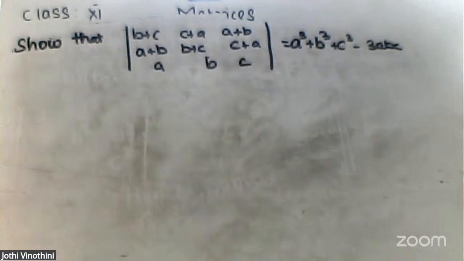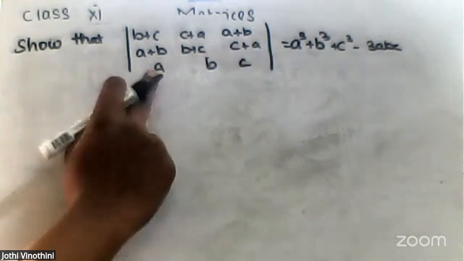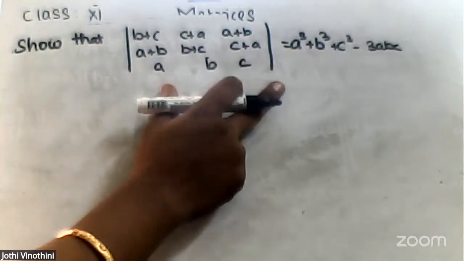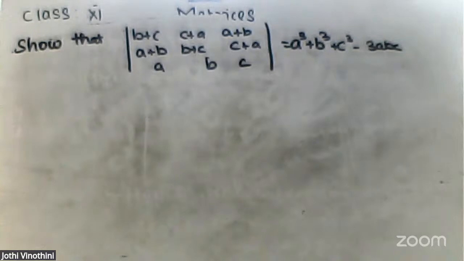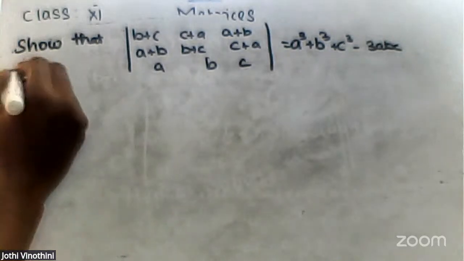We are provided with the matrix: b plus c, c plus a, a plus b; a plus b, b plus c, c plus a; a, b, c. This is a given matrix which equals a cube plus b cube plus c cube minus 3abc. This is what we have to prove. Right? Shall we start? Yes.